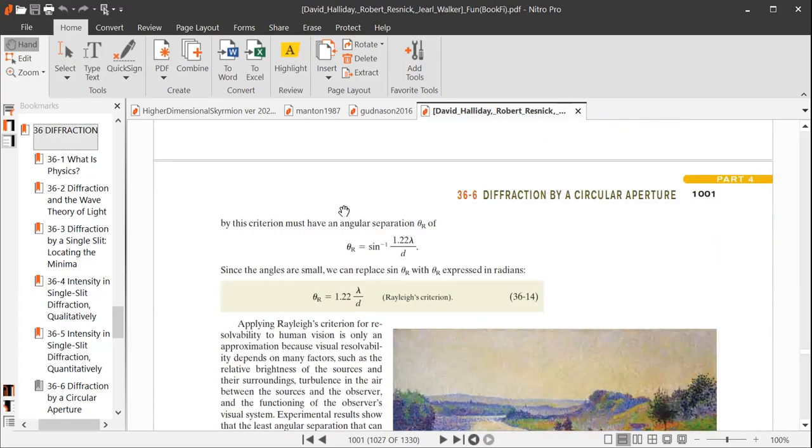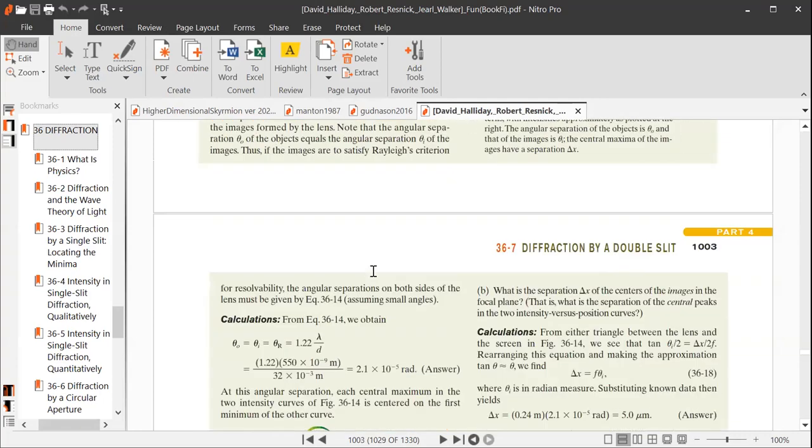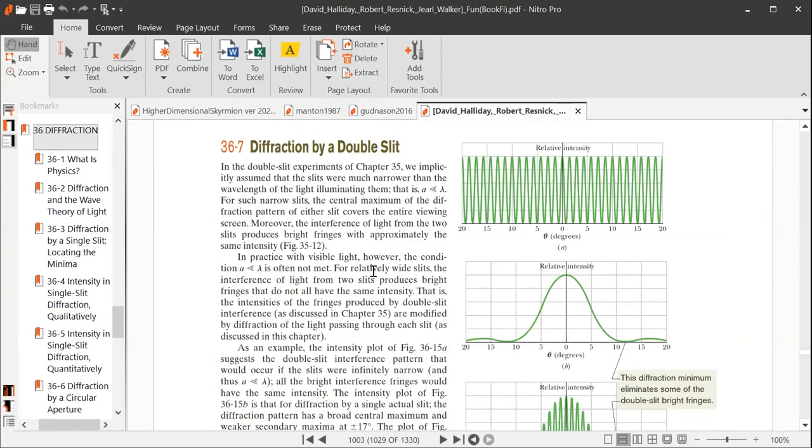Because the angles are very small, we could take sin theta R approximately equal to theta R.